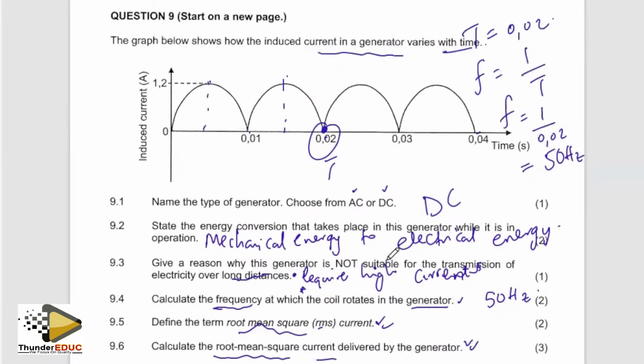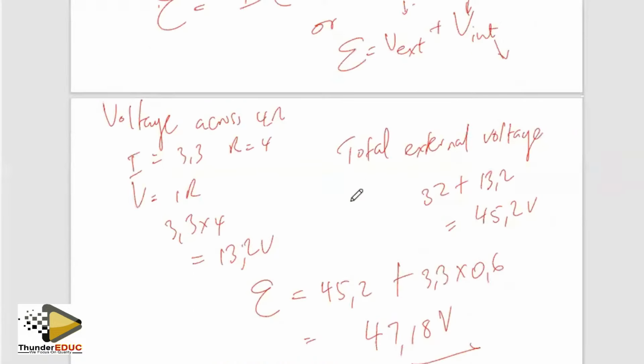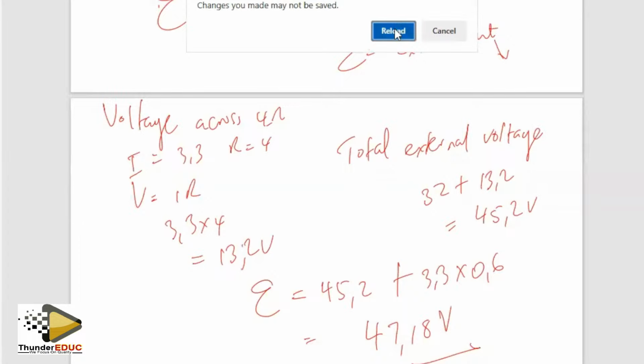And then 9.6, they want us to calculate the RMS current that is delivered to the generator. So we know that the current is 1,2. So this is I max, okay? And then from our formula page, we know that I RMS is going to be I max divided by the square root of 2.